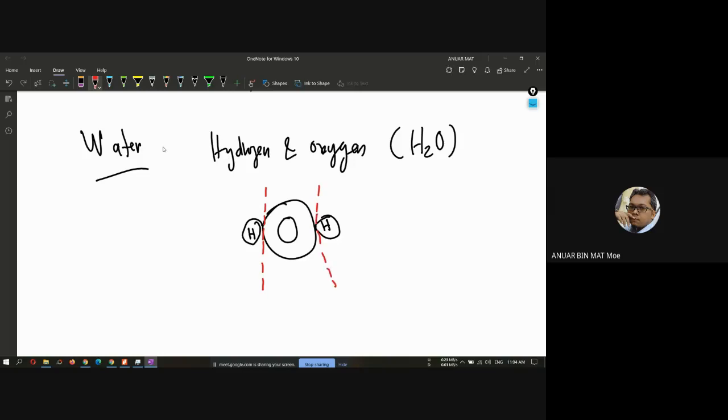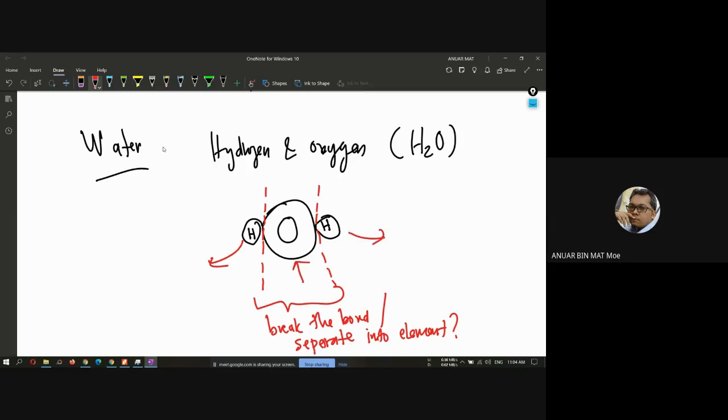Can we break the bond, or separate it into elements? Can or cannot? We want to remove the hydrogen and take only the oxygen. Is it able or not able to separate the compound?